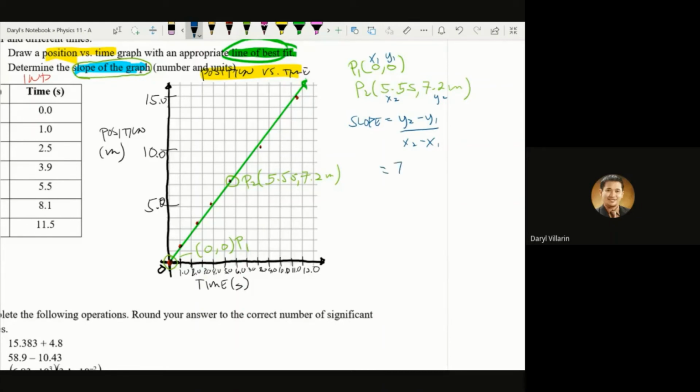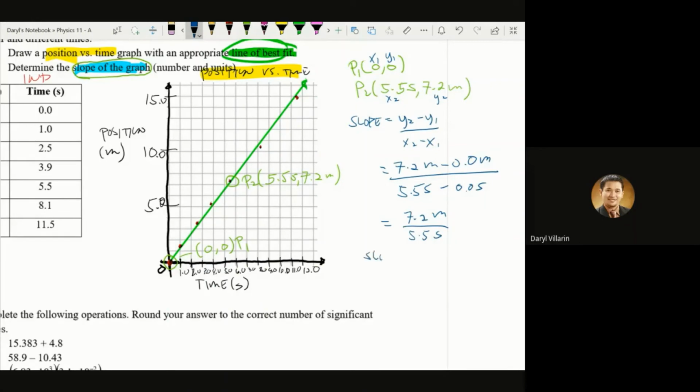So y2 is 7.2 meters minus 0.0 meters all over x2, that's 5.5 seconds, minus 0.0 seconds. So this should be 7.2 meters all over 5.5 seconds.